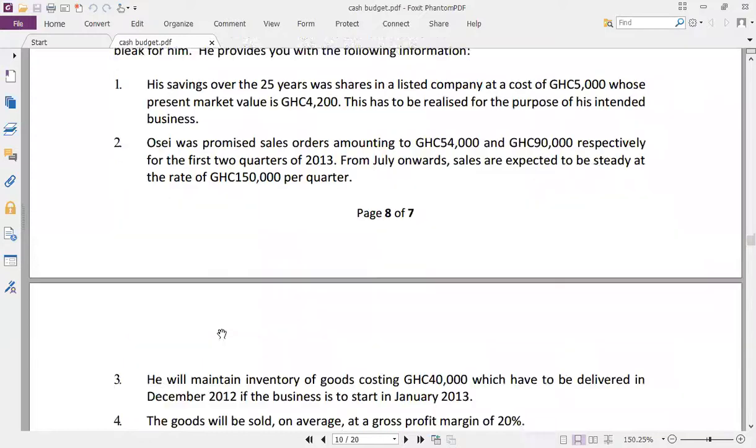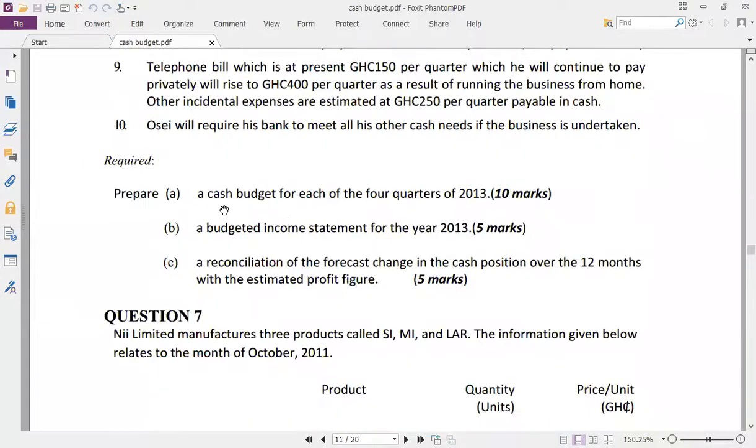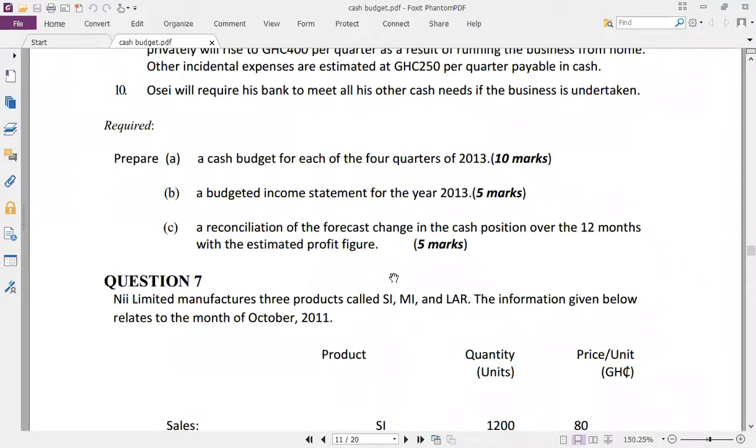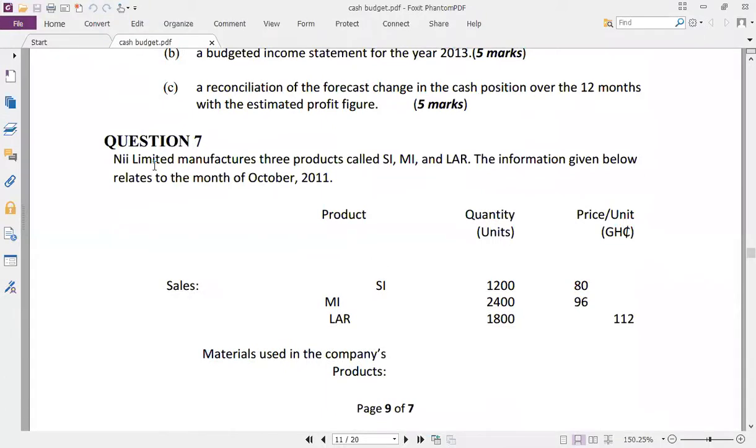Question 6, another interesting question. After that, you can also nicely go through cash budget, management, and then reconciliation of a 12-month period. And then question 7, New Limited. In fact, the solution is in there.